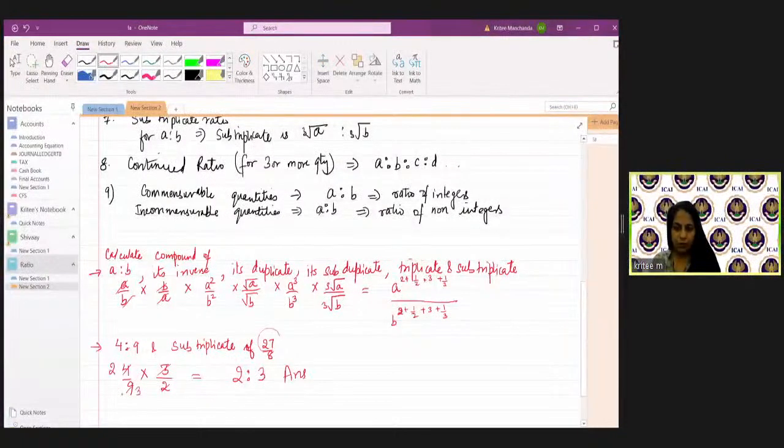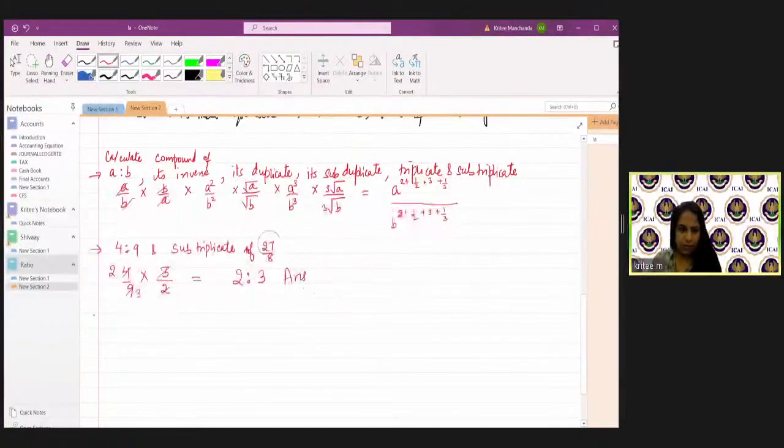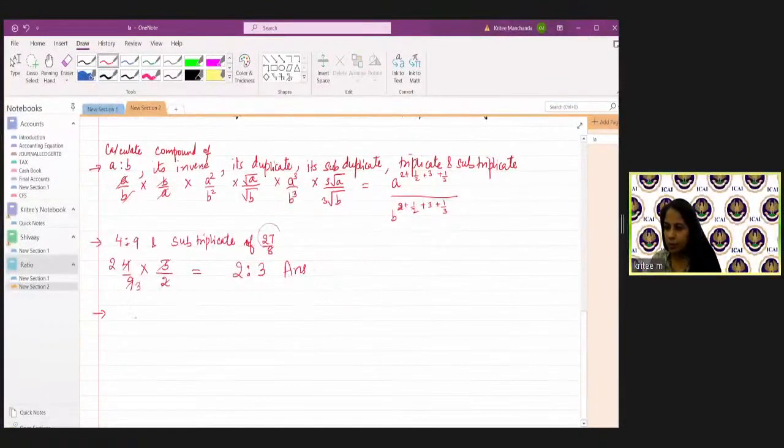Now, if you have gone through your study material, you have some more good questions. Something like this. What is the compound ratio of inverse of 10:13, duplicate of 2:3, triplicate of 3:5?